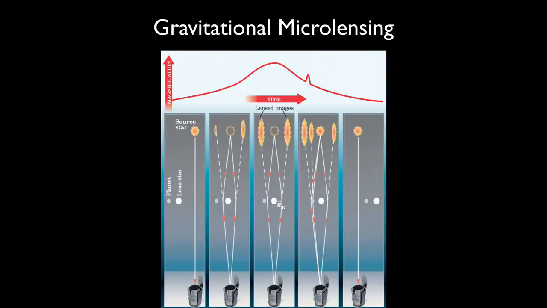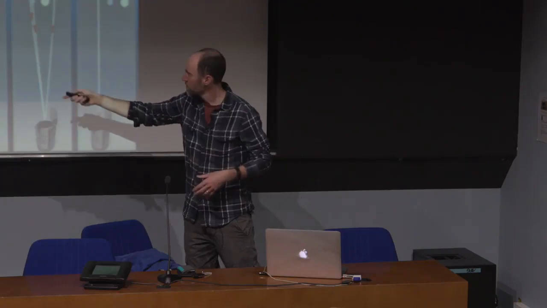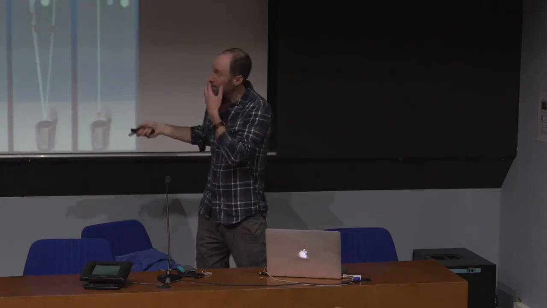So the gravitational microlensing technique, we're not going to talk much about it, just here to illustrate the idea. On the top here, you're seeing a light curve of a background star. Here's the setup. Our telescope is on the bottom, and some very distant background stars out there. And a star with a planet orbiting it, because of the proper motion, passes along our line of sight.